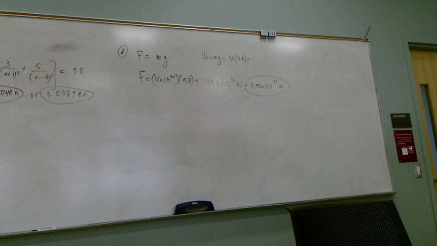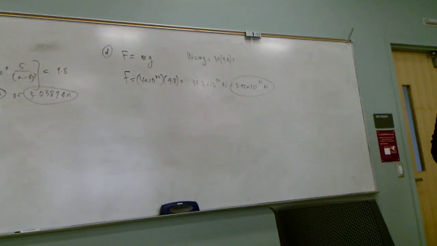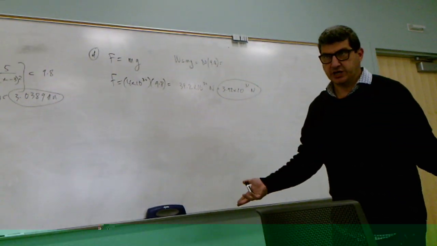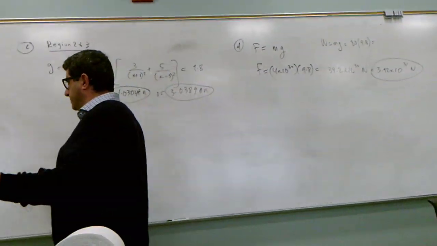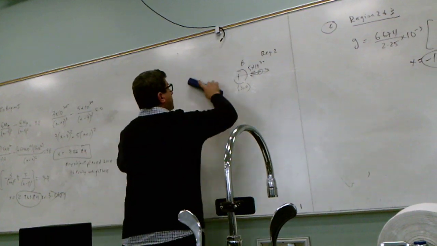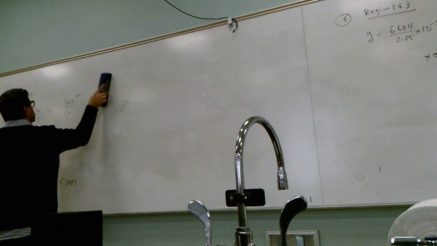Okay. The last question is having to find the total force on the star if it's placed at some random location. Okay. So that's as general as you can get. So now we're going to take that third star and put it at some random location.